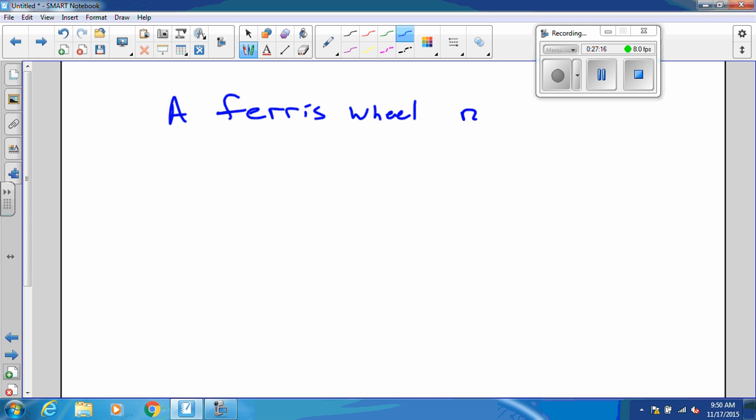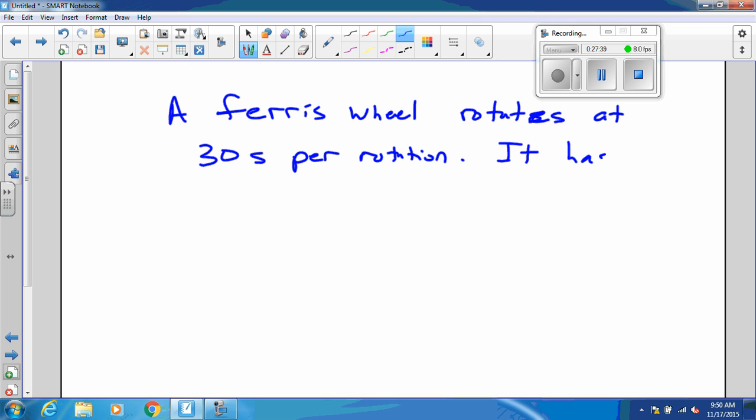A Ferris wheel rotates at, oh, how quickly should a Ferris wheel go around? It should probably take about 30 seconds per rotation. It has a radius of 15 meters, which is actually huge.